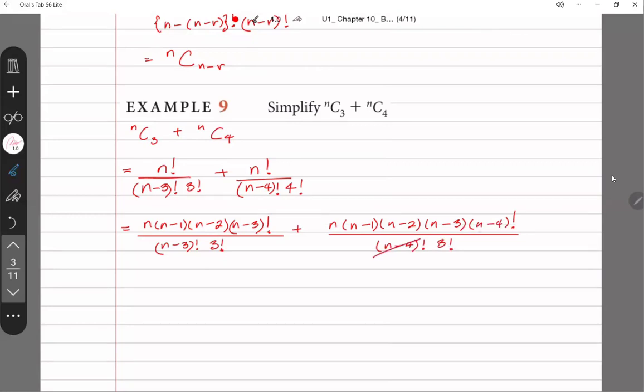So these cancel. Thank you. So this should be 4 factorial.